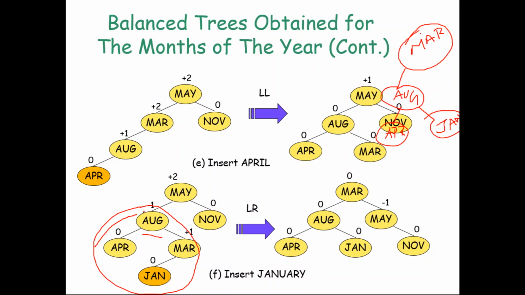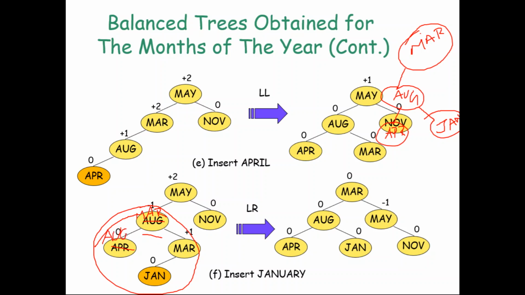Are you getting it? So instead of August here, it will be March. It is not August, it is March. The left subtree of March is August.